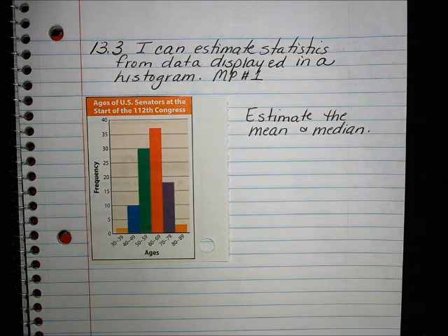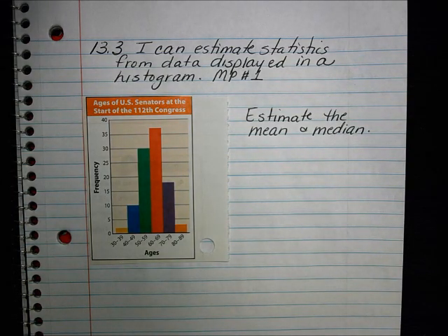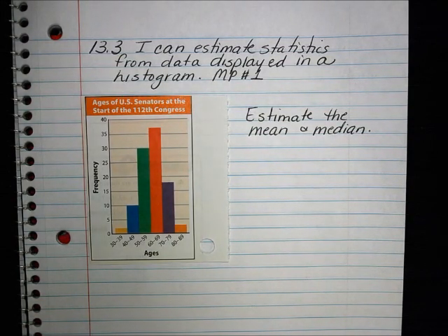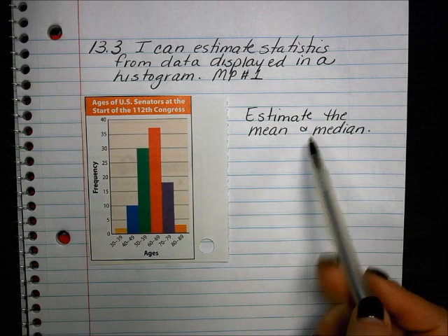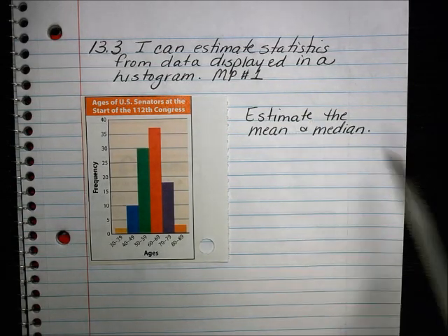Now, I said estimate, and I mean estimate. We actually can't find the mean or the median based on a histogram. Because we don't have actual values, we don't know every single person's actual age, we only know the intervals that they fall in, we're not going to be able to find the exact mean and median.